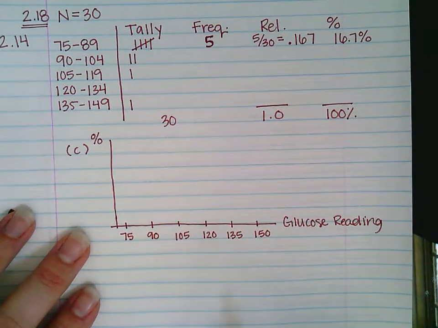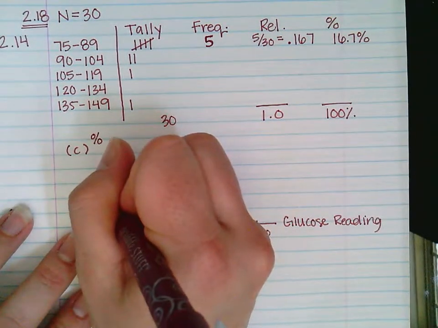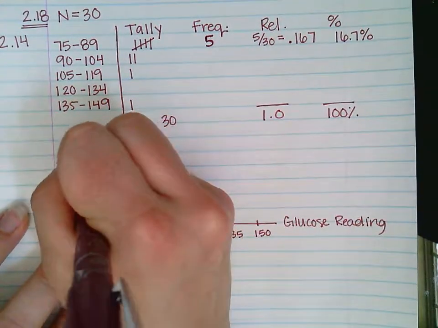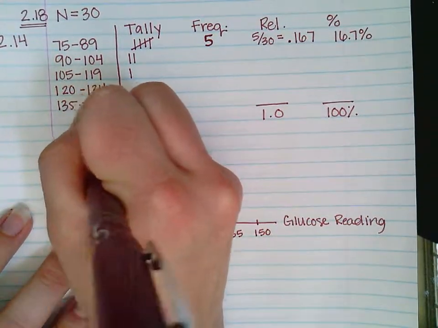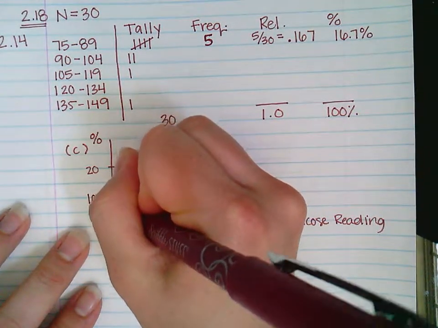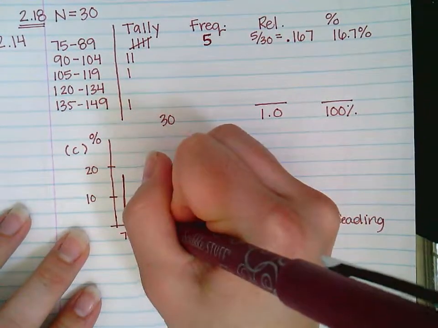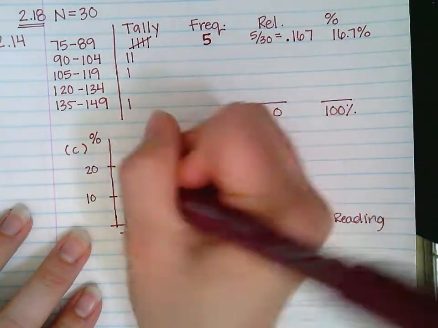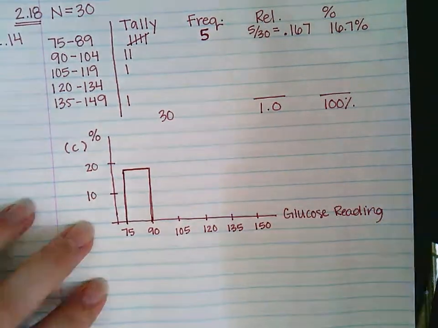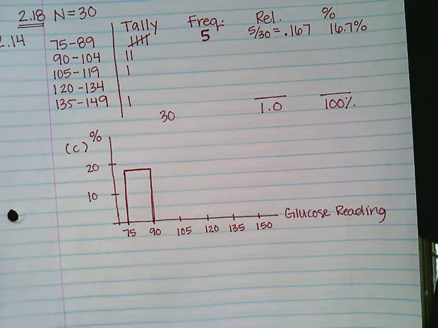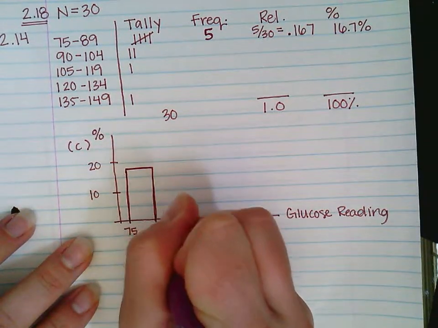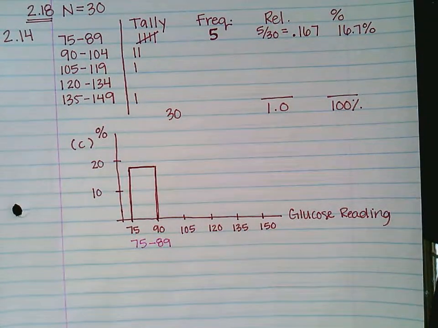And so when I go ahead, let's say, I don't want to throw you guys off. Maybe if you do like this is 10 and this is 20 here, so 17-ish percent, I'm going to put my bar like this. Now, everything in this bar, even though it touches 90, is the numerical category 75 to 89.